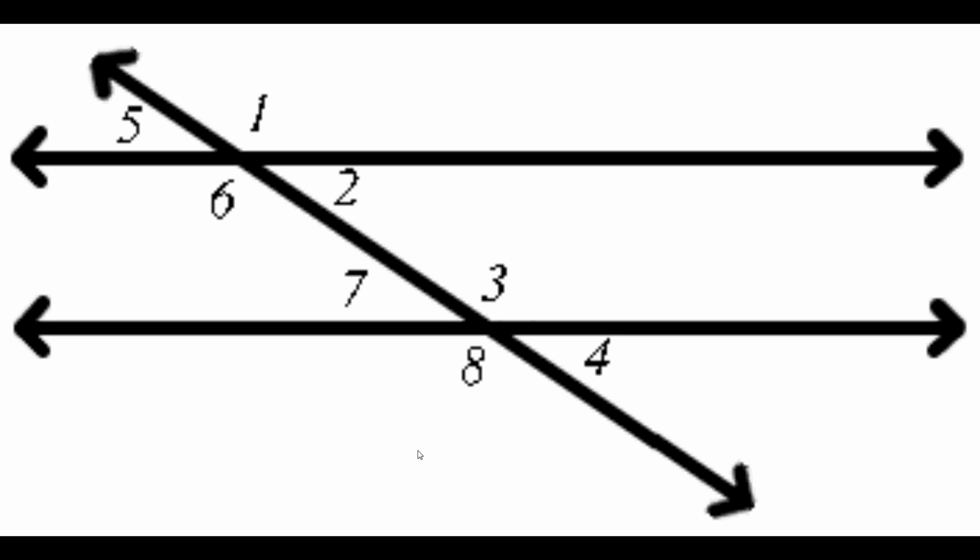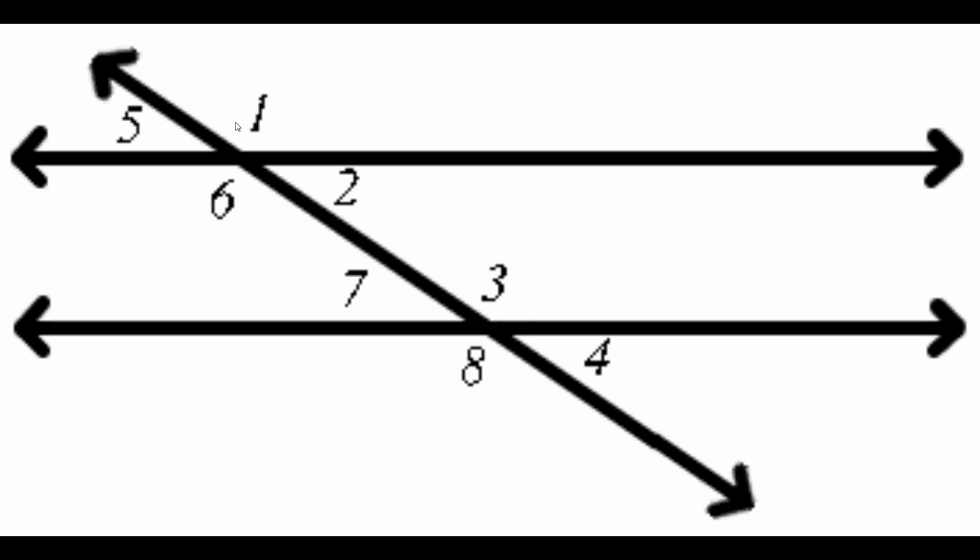Here is another figure to provide us with one more example. So if the measure of angle 3 is given as 140 degrees, we want to find the measure of angle 5. I want you to use corresponding angle relationships in this case. So angle 3 and angle 1 are corresponding.